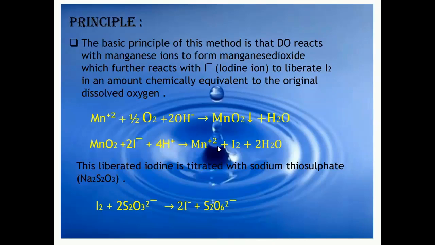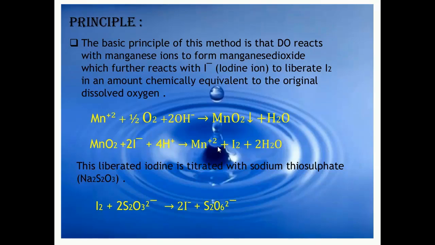Principle: the basic principle in this method is that DO reacts with manganese ion to form manganese dioxide. In the equation, Mn2+ plus oxygen plus hydroxyl ion gives manganese oxide plus water.